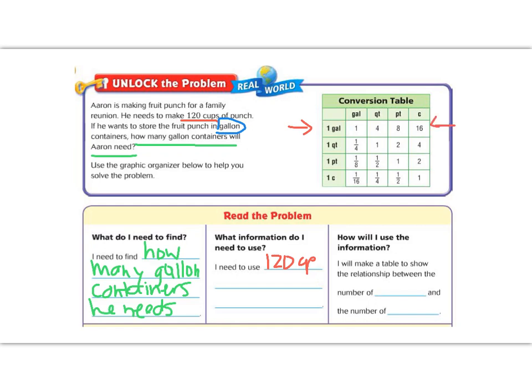So 1 gallon equals 16 cups. And the way that we are going to use this information is that we are going to make a table to show the relationship between the number of cups and the number of gallons. Make sure you have this written down. My table is on the next slide.